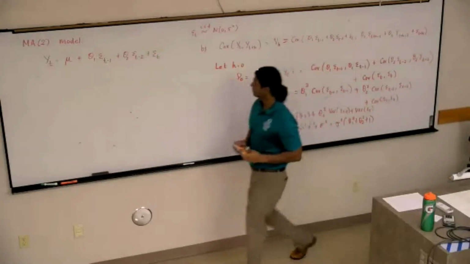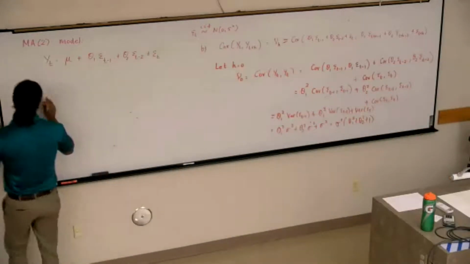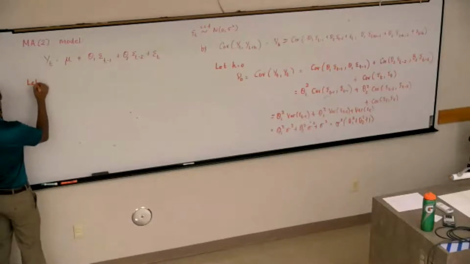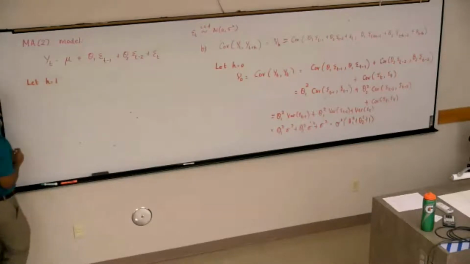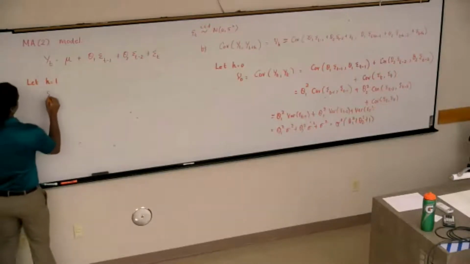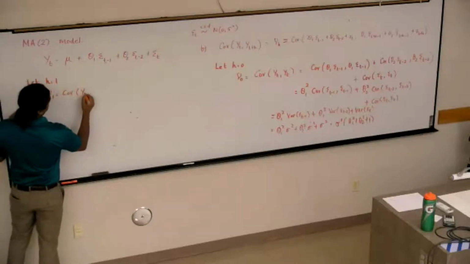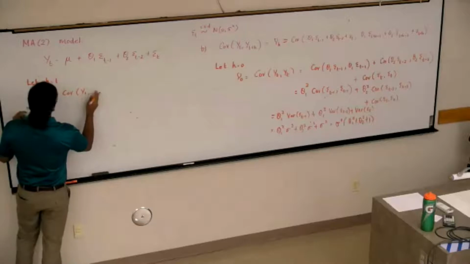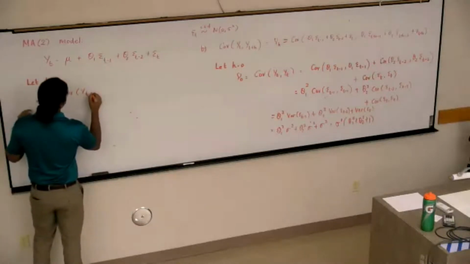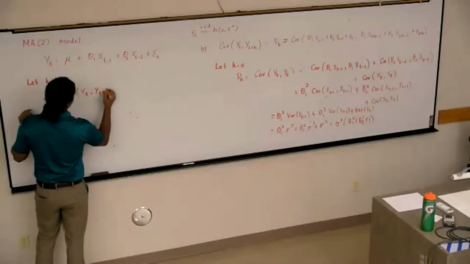So if I set h equal to 1, gamma 1 would be covariance of y t, comma y t plus 1.